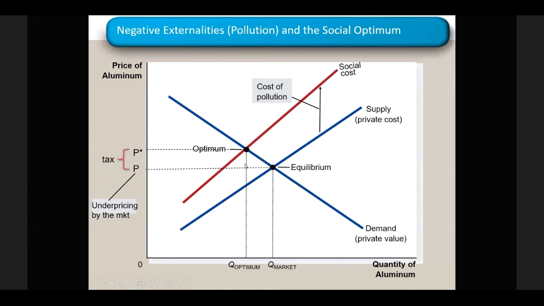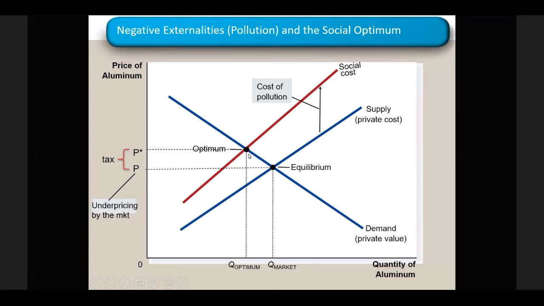The firm produces the optimum, it charges P, and if this tax margin is added to this, then we have P star, which is the equilibrium price that should apply if we are producing the optimum level of output in the economy.